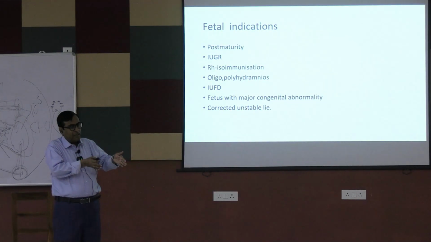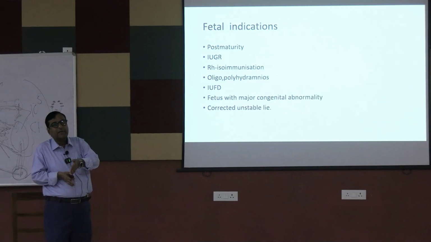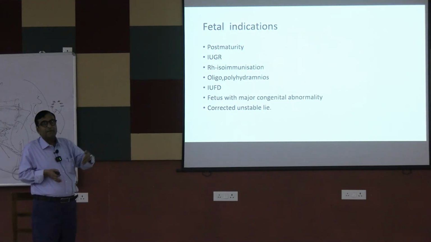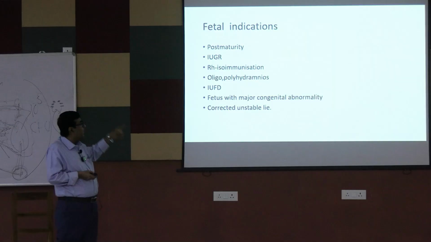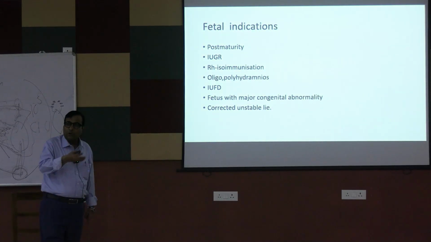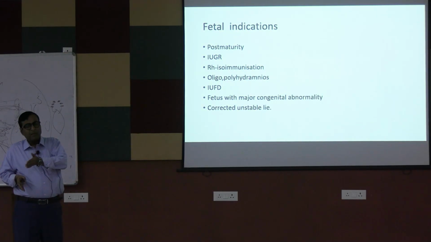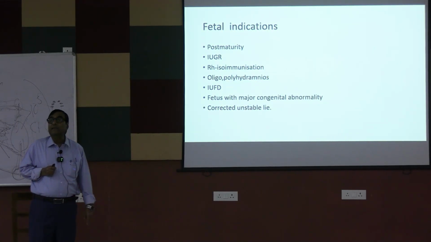From oblique, we externally change the position by doing version. The fetal axis is made longitudinal. Then we go for rupture of membrane. Some amount of liquor is drained, the uterus becomes contracted, so the head becomes fixed. It will not be unstable further. It is also called stabilizing induction.